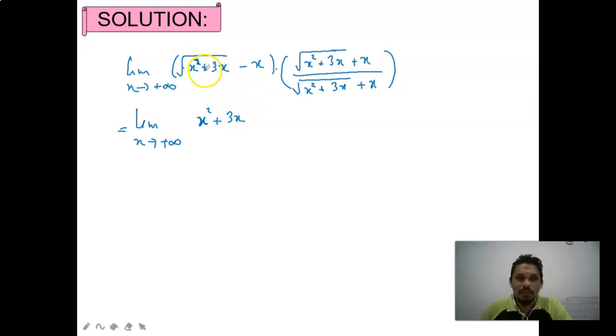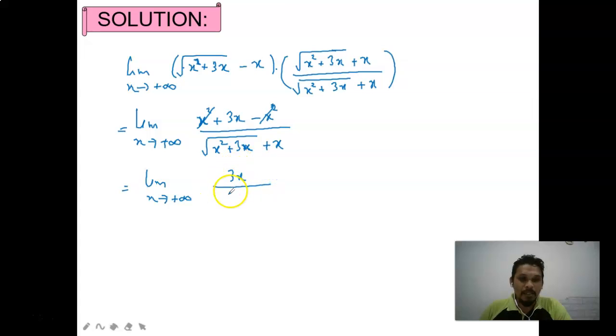So you come out with x squared plus 3x minus x squared, divided by the square root of x squared plus 3x, then plus x. So x squared minus x squared, then comes out with 3x divided by the square root of x squared plus 3x plus x.